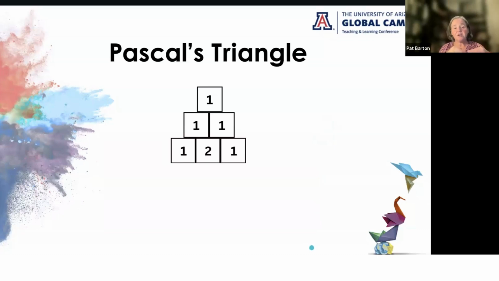Okay, so the third row, we're adding 0 plus 1, or nothing plus 1. The first tile in the third row is 1. The next tile is 1 plus 1, underneath it is 2. And then to the right side is 1 plus 0, which is going to be 1.